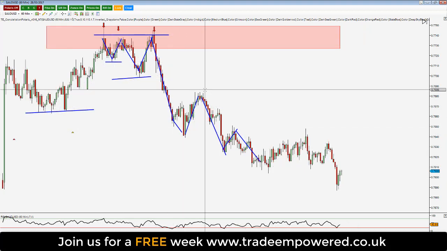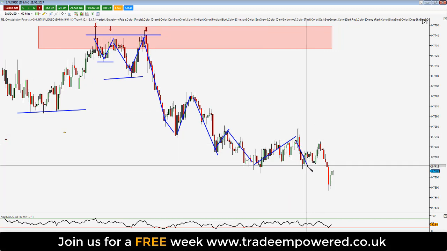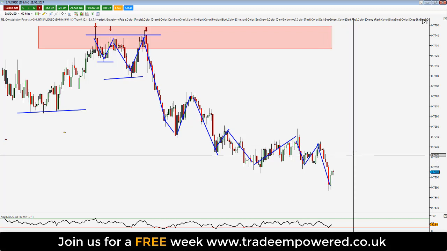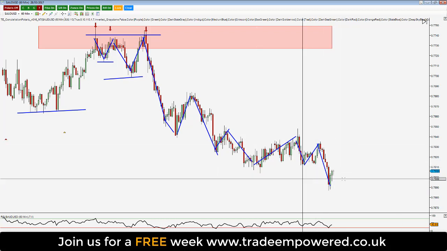And as we put in these lower lows, lower highs, we start to look for, as trend continuation traders, a retest of the lows. So every time we put in a new structure low, we're looking for a pullback, and we're looking to sell that pullback for a retest of the lows.